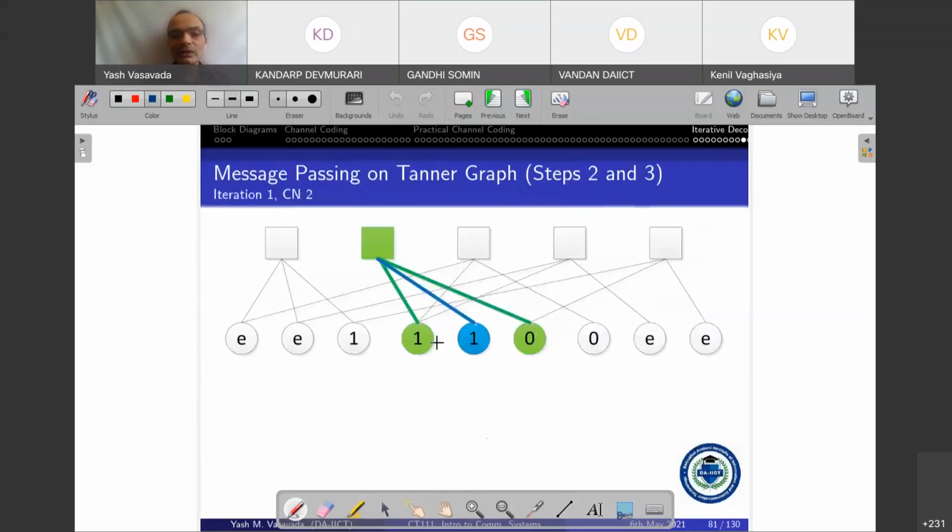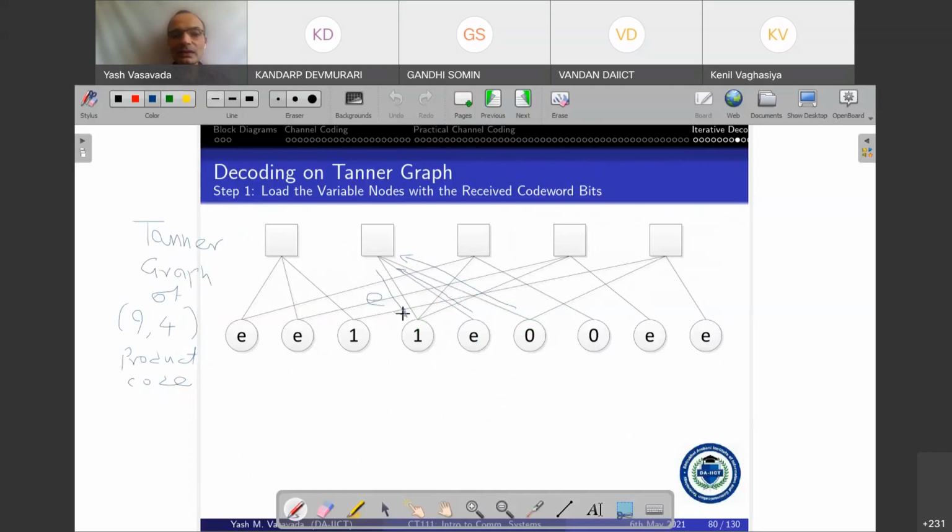So even though in the first iteration this CN sends a message to VN4 that you are erased, VN4 is not worried, because it already knows that its value is 1. So it is just going to ignore this E. Same thing when CN2 sends a message to VN number 6, it is also going to send an erasure, but again, VN6 already knows what its value is, and so it's going to ignore it.